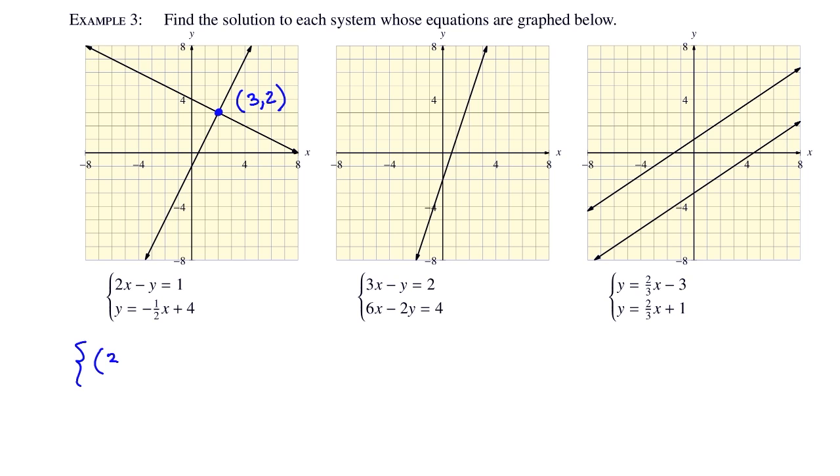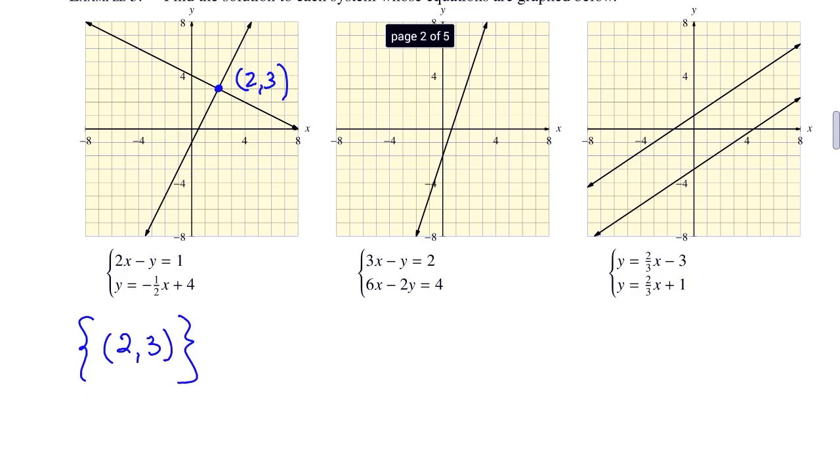Write that as a set of ordered pairs, (2, 3). Very good. And so there's the solution.